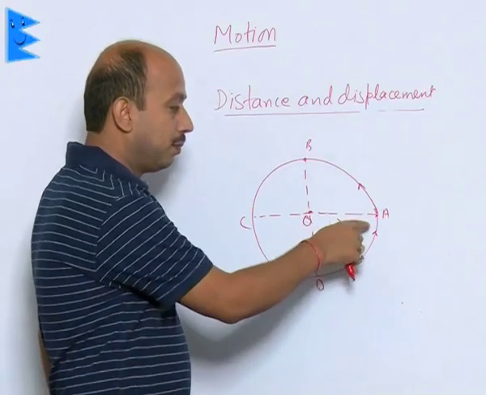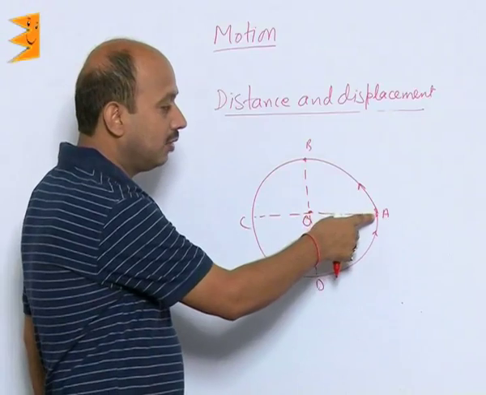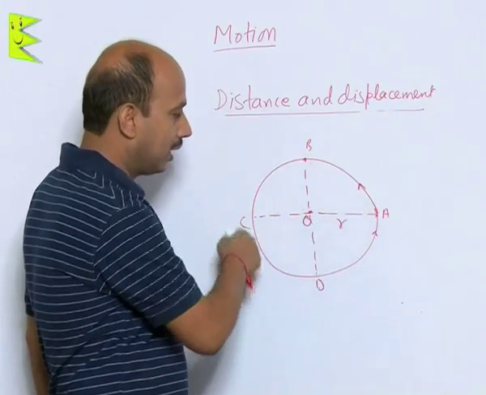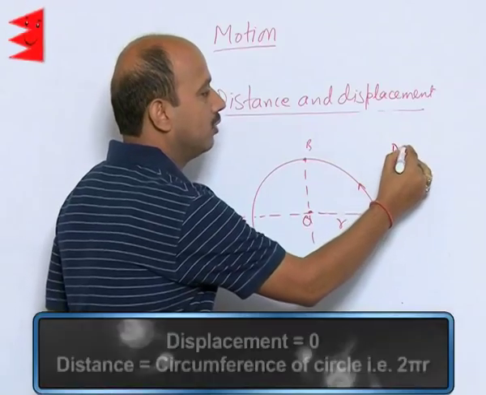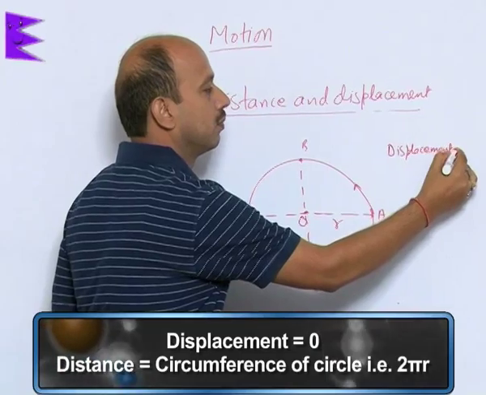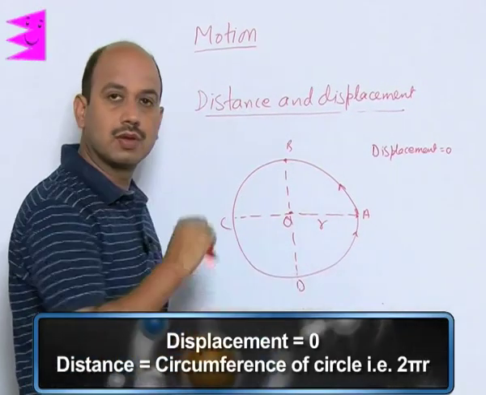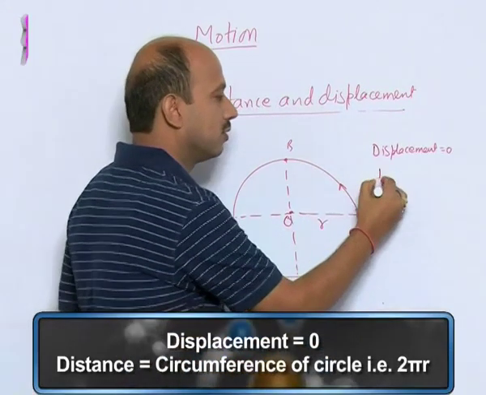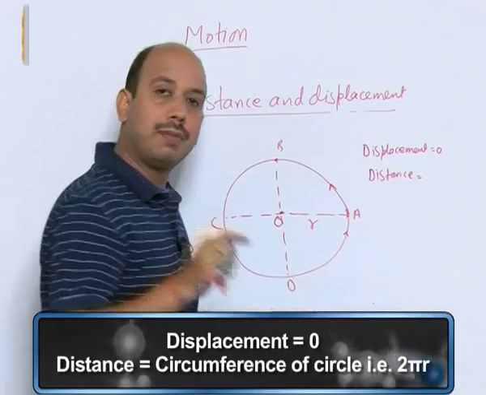So, the radius of the circular path is R. The object starts to move from A and comes back to A. So, again you can write displacement is 0 when the object completes one revolution. But what is distance? Distance I have told you, that is length of the path.